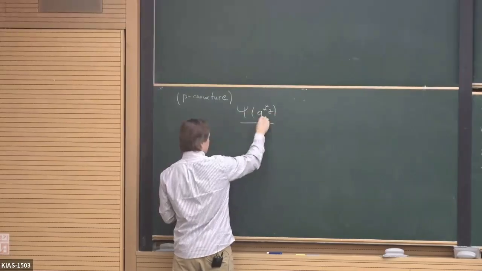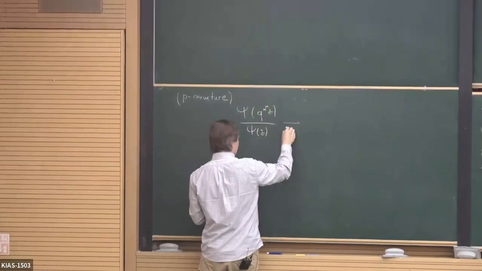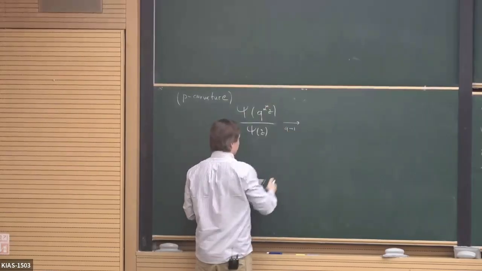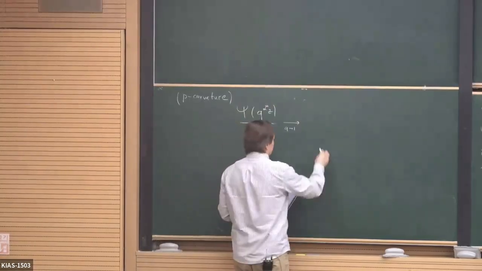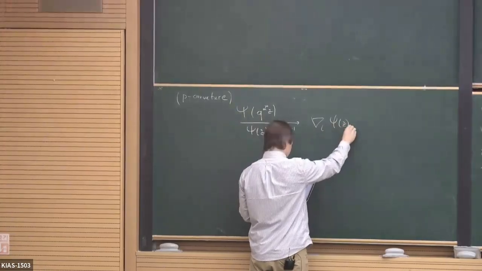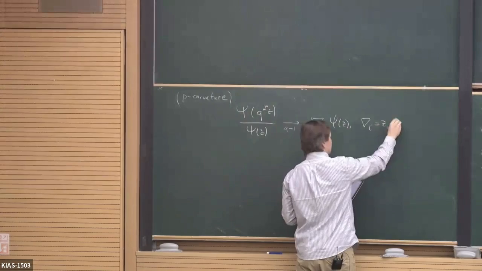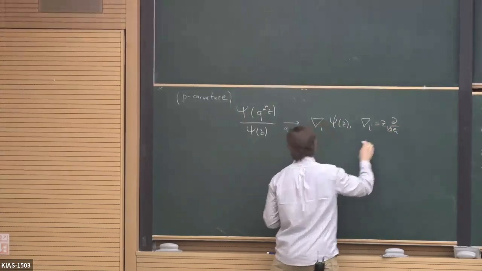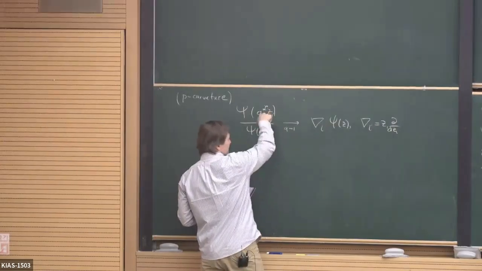If you take psi of q to the L divided by psi of z and send q to 1, this q logarithmic derivative becomes a logarithmic derivative. So that becomes nabla_i psi of z, where nabla_i is z_i d over dz_i, acting on the ith component.